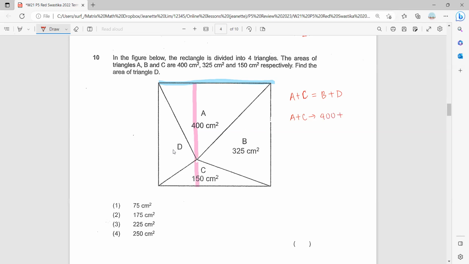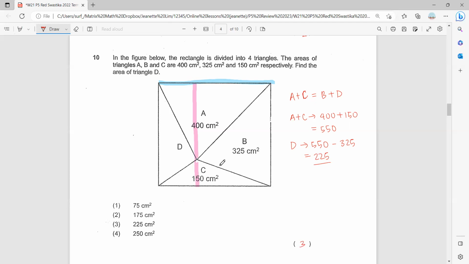So A and C, 400 and 150, will give us 550. Then to find D, I'll take 550 minus B. So answer 225, option 3.